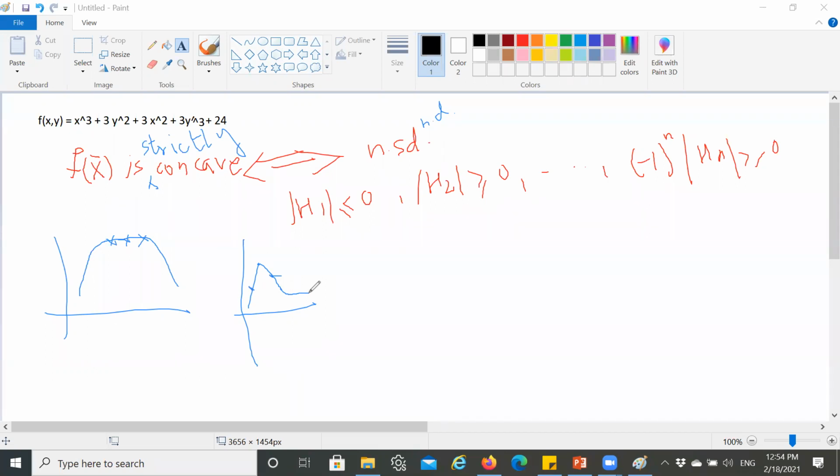Actually, if you have a convex or concave function, you'll never have an indefinite matrix because you'll have only one peak or one valley.